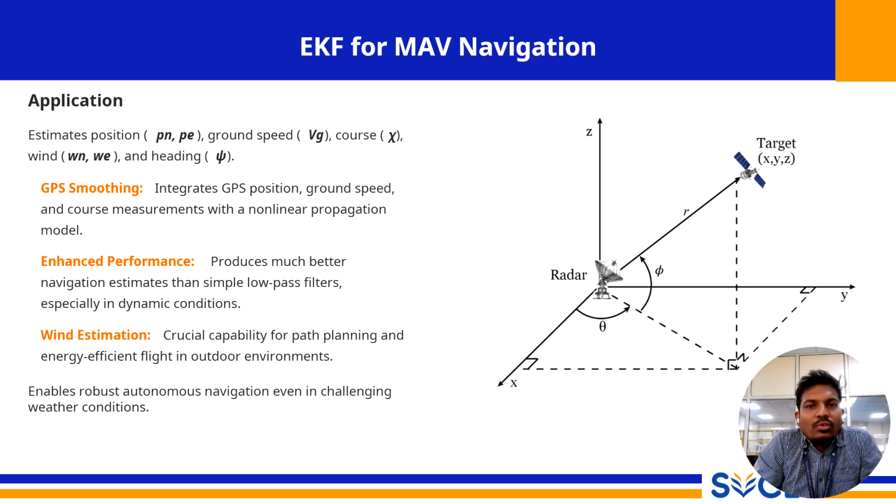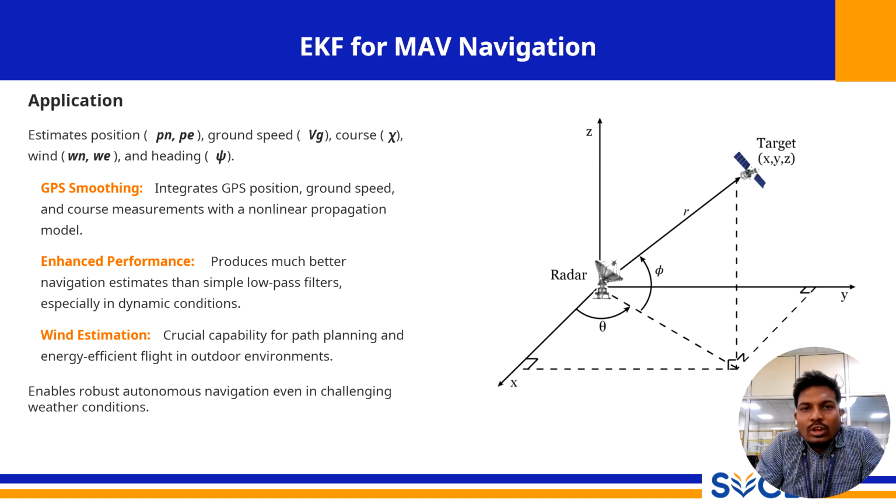One of the most powerful features of this type of filter is its wind estimation capability. By comparing the MAV's velocity through the air with its velocity over the ground, the EKF solves for the wind vector.